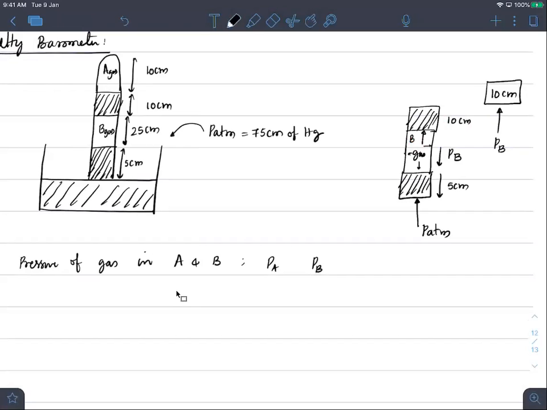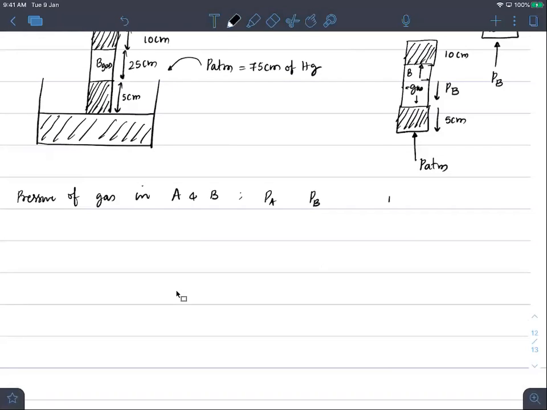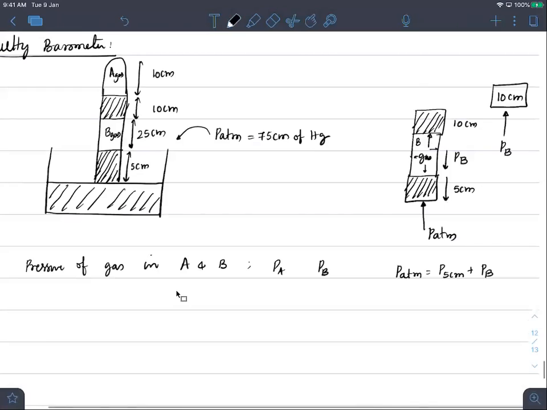I think all of you understood that. Yes, Ansh, right. So therefore, pressure of ATM will be equal to pressure because of this 5 centimeter column plus pressure because of this B. Same way when it comes to upwards here, got it? So you can see there is a pressure acted by air column here, and this is being balanced.